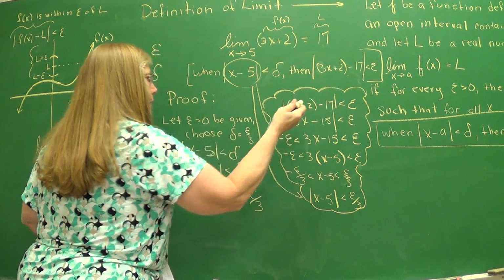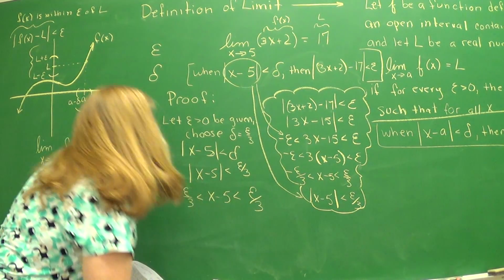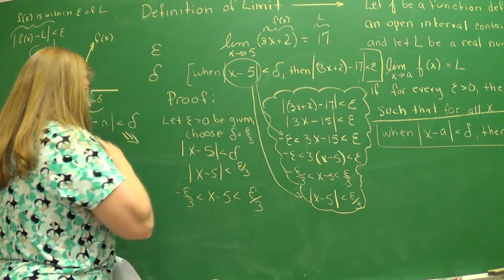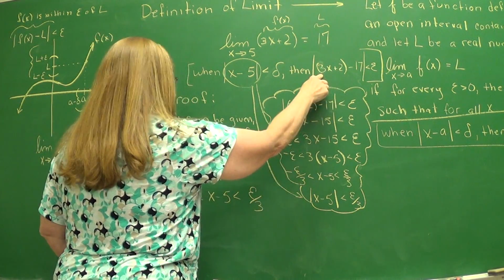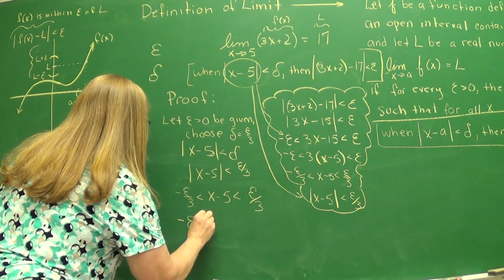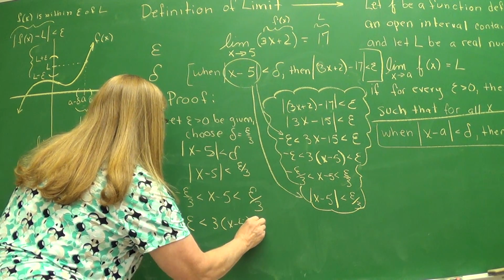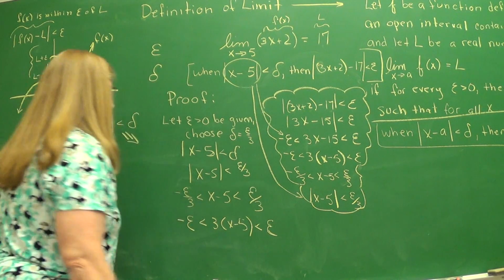So I'm working in the forward direction. We're up to here, and we're trying to get to here. I notice a 3 in here. So I'm going to multiply everything by 3. Somewhat backwards to what we just did in our scratch work.